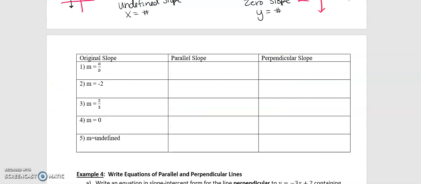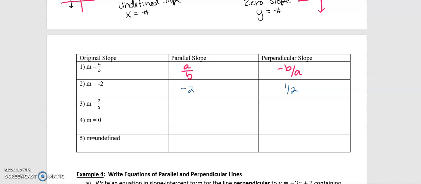All right, so let's go ahead and do a couple of these together, and then I'm going to have you try some. So if I were to write the parallel slope, it would be A over B. And if I wrote a perpendicular slope, I would flip it and change it to be negative. So go ahead and try that next one, or follow along. So -2, exactly the same for parallel.